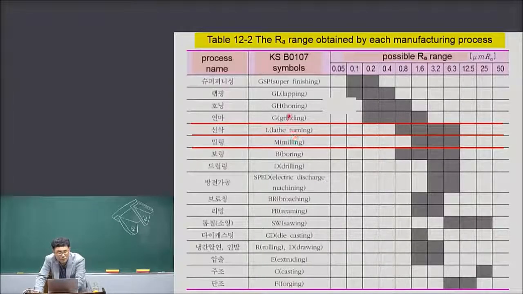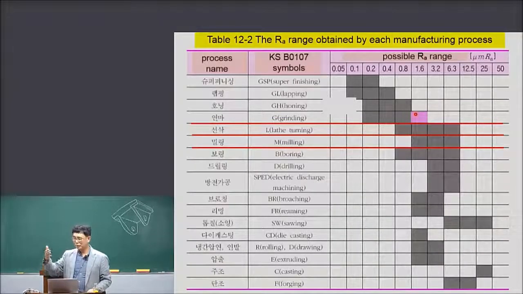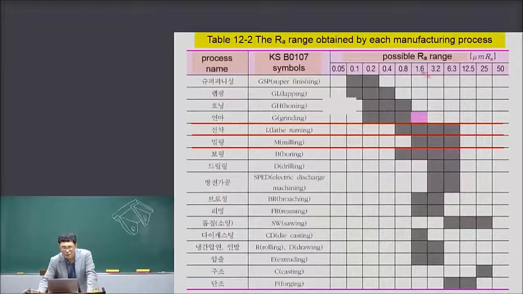Grinding uses a grinding wheel, and after grinding you can get a very smooth surface, which looks like the surface of a knife. Then the Ra value is around 1.6 micron Ra for grinding, and with lathe and milling, you can generally get 6.3 micron Ra roughness.